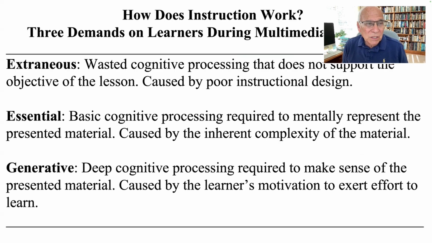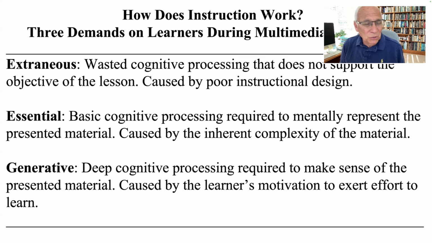When it comes to instruction, given that working memory capacity is limited, our architecture is such that when the information comes in, we don't have a lot of capacity to process it. So there are three basic categories of processing during learning: extraneous processing, which is just wasted processing that doesn't support the objective.